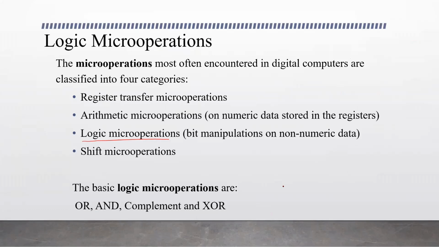So we have seen logic microoperations. The basic microoperations are OR, complement, and XOR. Other operations, like A AND B complement, A complement OR B complement, or A XOR B complement, can all be derived from these basic operations.